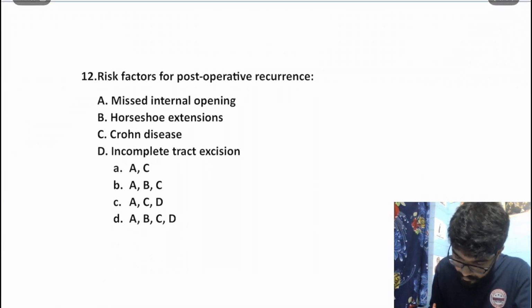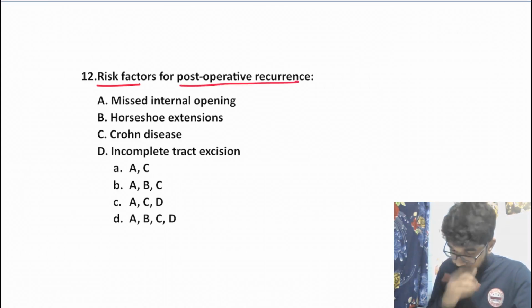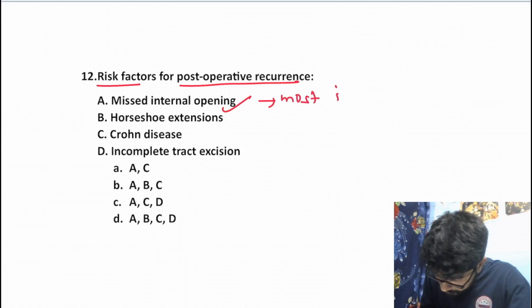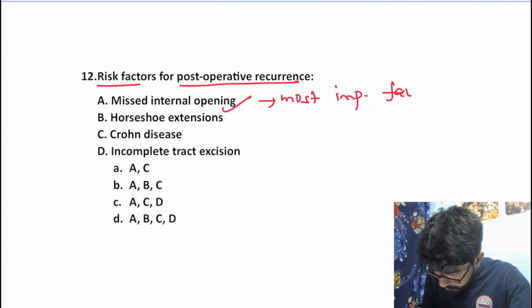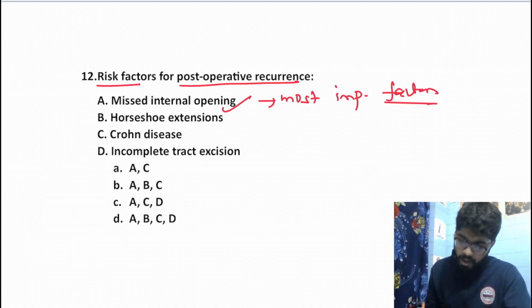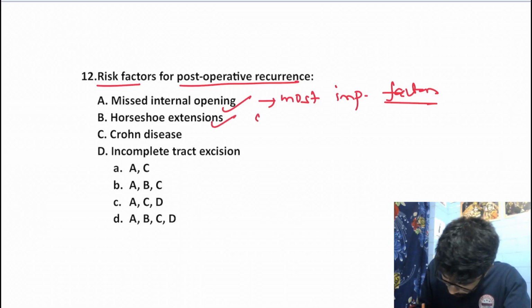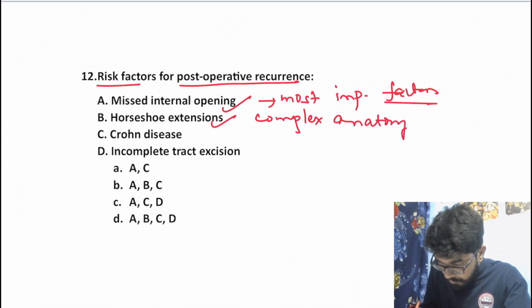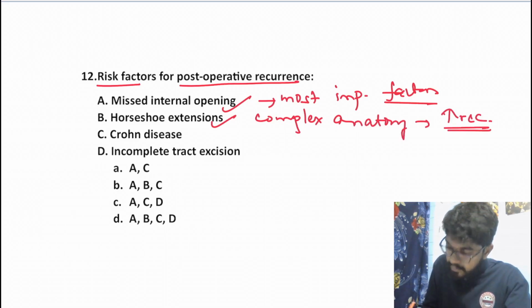Now the risk factors for post-operative recurrence. Missed internal opening. Yes, this is the most important factor responsible for recurrence. Okay. Horseshoe extensions depict complex anatomy. Remember that any complex anatomy increases the risk of recurrence in case of fistulas.